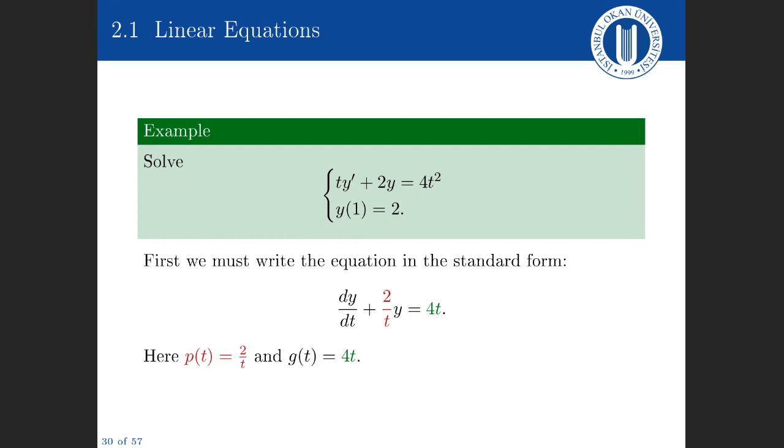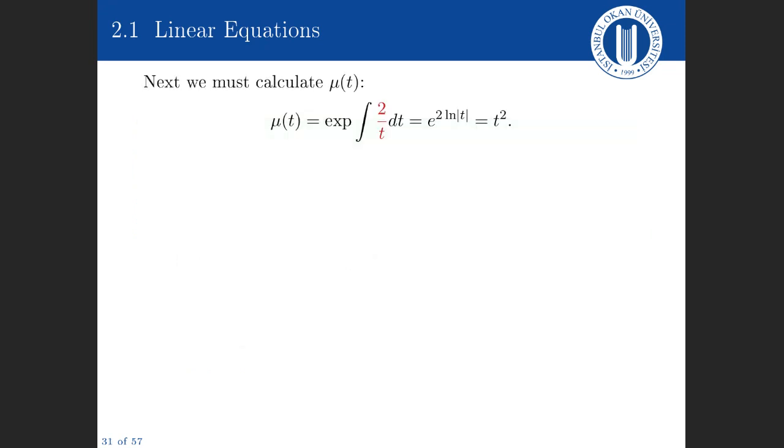Now we have that p of t is 2 over t and g is equal to 4t. We need the integrating factor. The integrating factor is e to the power integral of p t. That's e to the power integral of 2 over t, and that's the same as t squared.